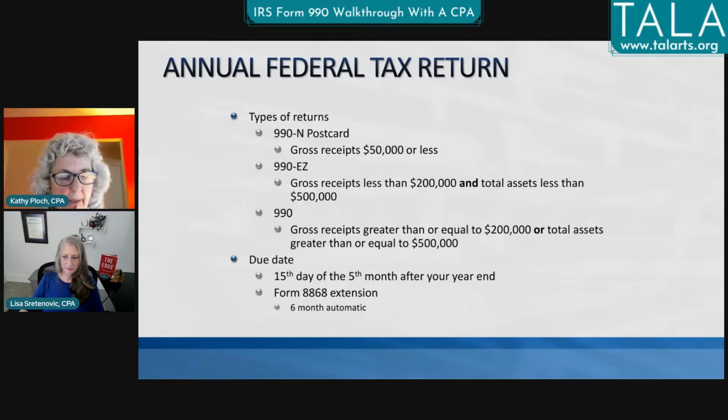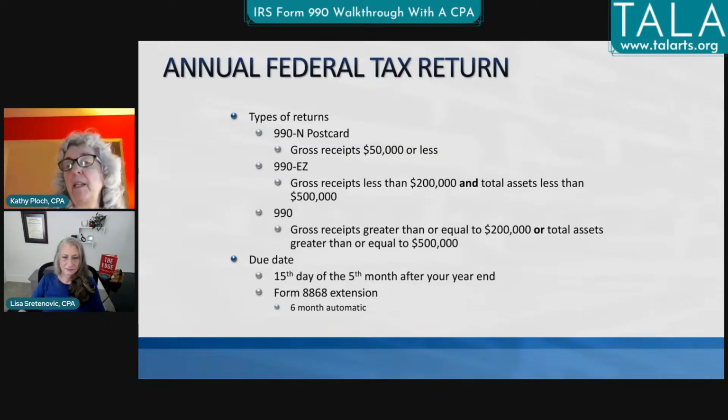So yes, it can be a little bit tricky. For example, I sometimes have the problem where an organization starts out with a 990 EZ, they have 150,000 of gross receipts. Then the next year they get some great funding, right? So now they've got 250,000. Now we've got to go over to the 990 and fill that out.